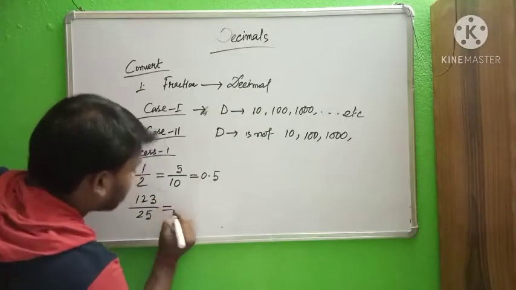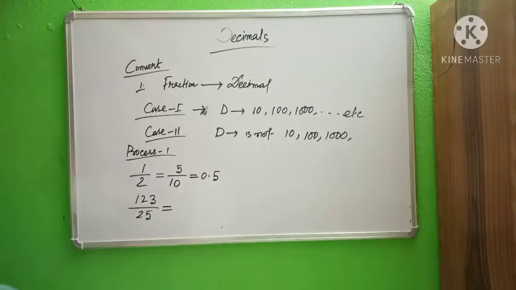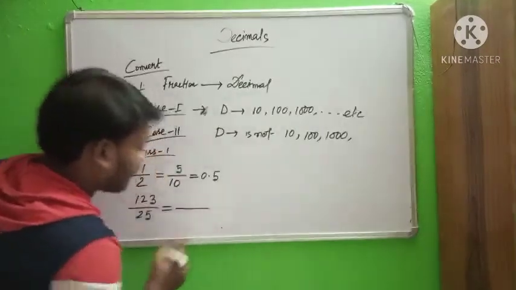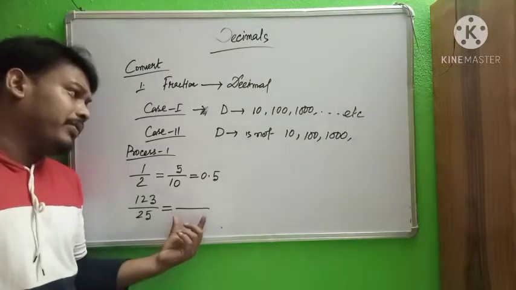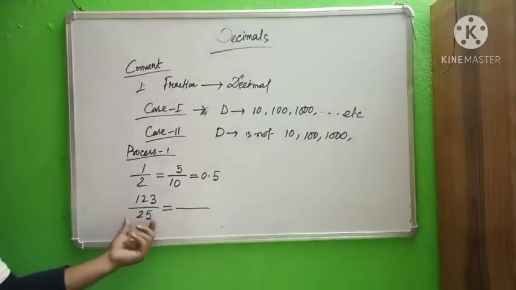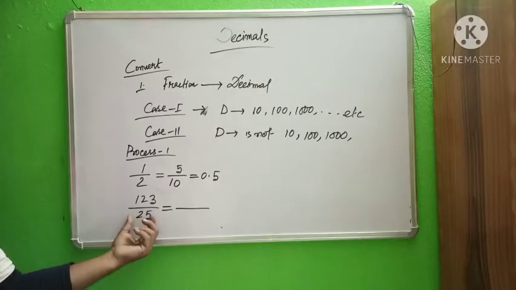Similarly, we convert the denominator to a multiple of 10. That is not possible here because the denominator is more than 10.